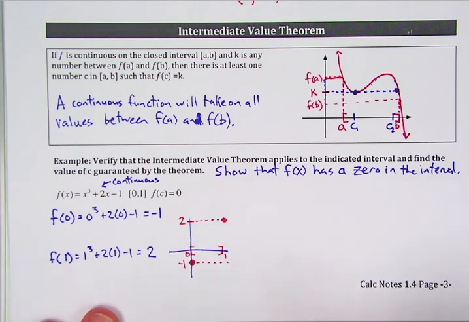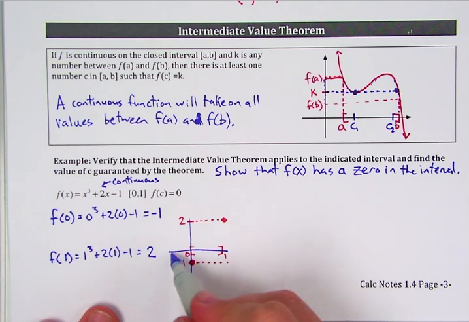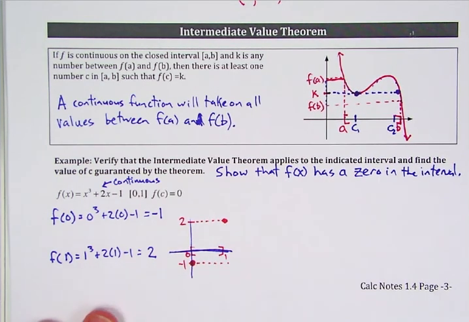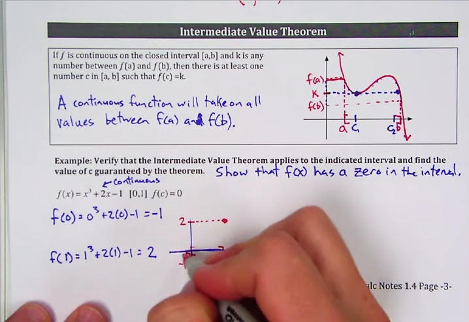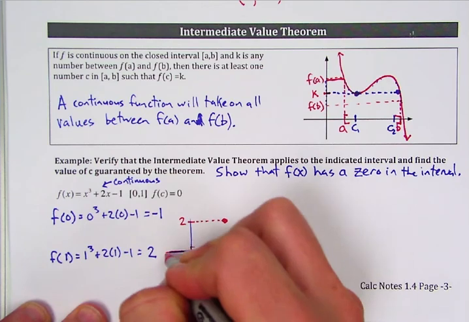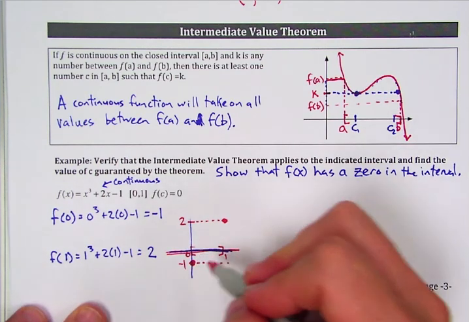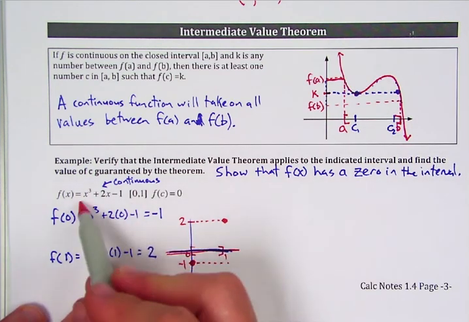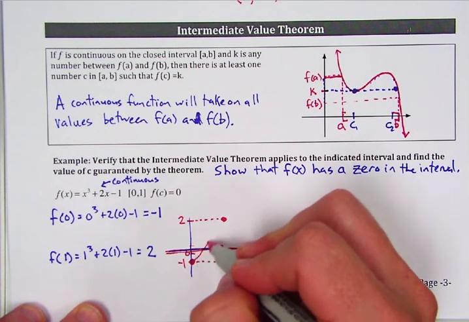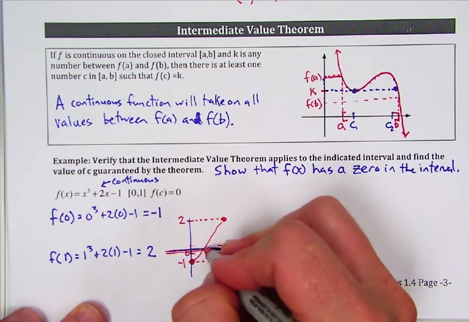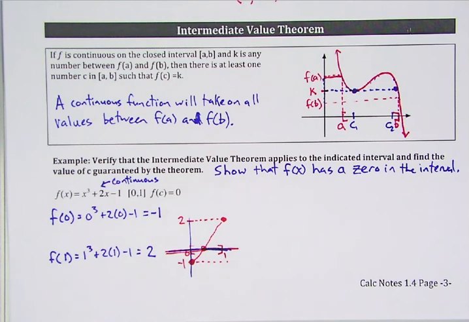So at some point along the line, will the function equal 0? Will it ever cross this line? Well, yes, it has to. Without even knowing what this function looks like, we know it's going to cross right there.